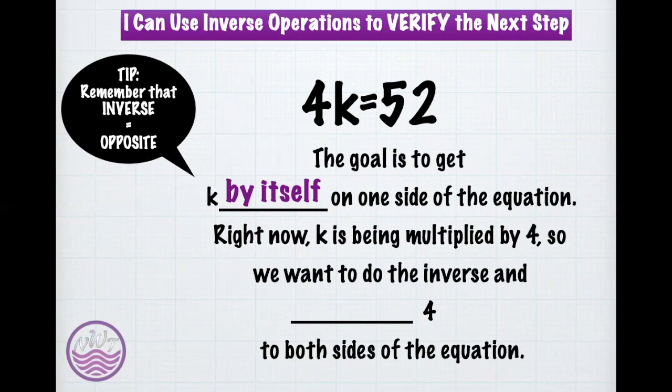So we want to do the inverse and blank 4 to both sides. So go back to the toolbox if you need it. If k is being multiplied by 4, what is the inverse of multiply? Think about that. Inverse or opposite of multiply is going to be divide. Yes. So we want to do the inverse and divide 4 to both sides of the equation.